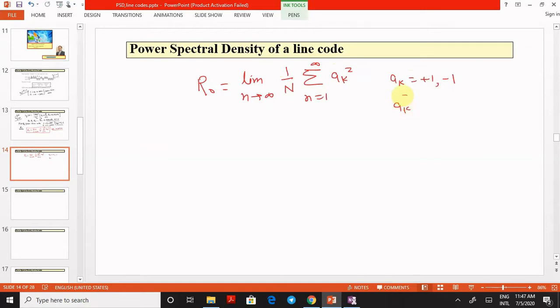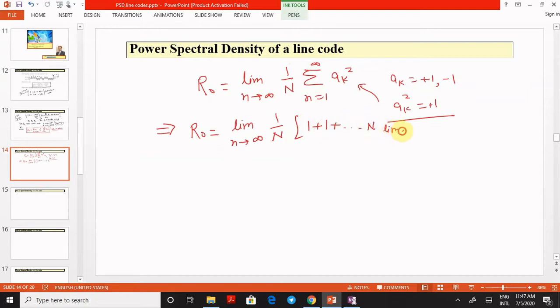But if we talk about ak square, it will always be plus 1, right? So you can put the value of ak square here, and then we add these all ones up how many times? N times, because we are having total n pulses. So the value of R naught can be written as limit n tending towards infinity 1 upon n, and then we have to add the 1 how many times?